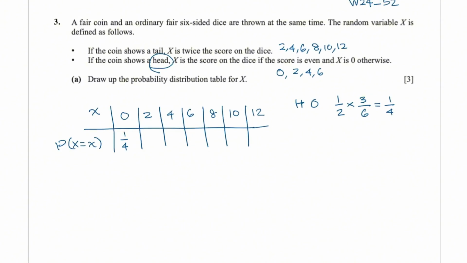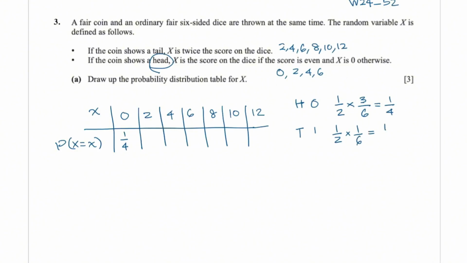What about the probability of you getting a 2? You get a 2 when you have a tail and your dice shows number 1, right? Because 1 will be multiplied to become 2. The probability would be 1 over 2 for a tail and then 1 over 6 for number 1 on the dice.